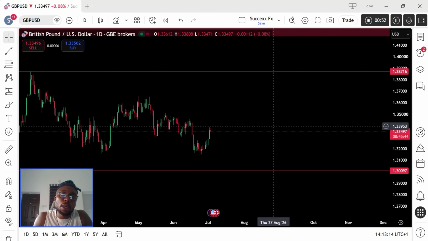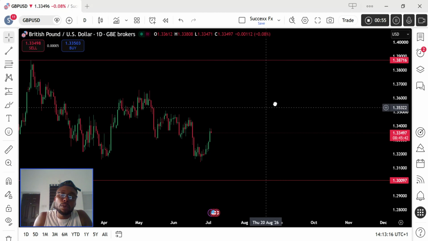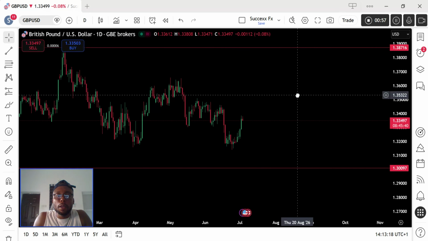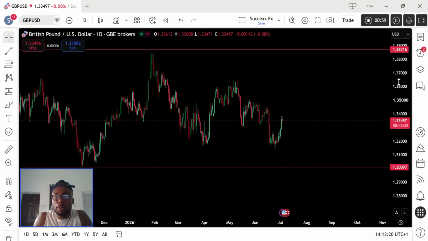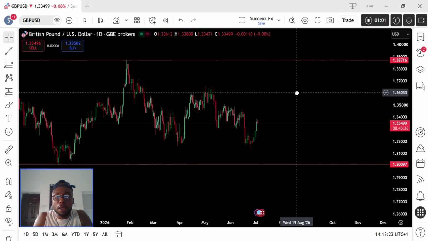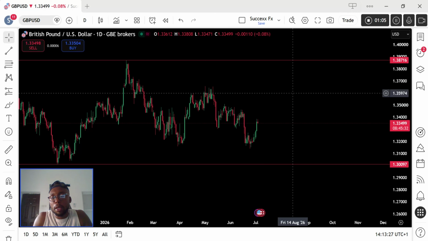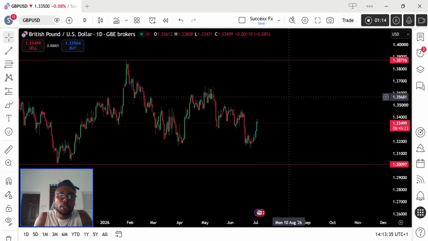Before we dive right into that, don't forget, we use the top-down approach for our analysis. We go to the monthly time frame, we check the direction of the market. We go to the weekly time frame, we make sure that the direction aligns with the monthly, and then we go to the daily time frame.